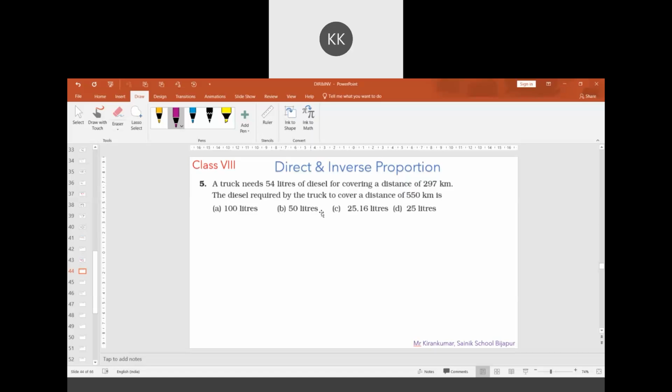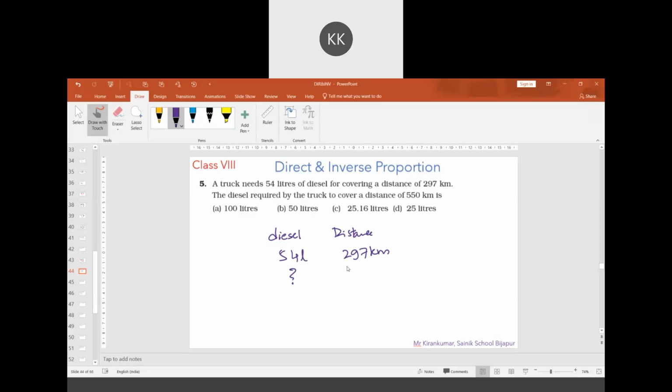Direct proportion. How do we find it? Like we solved earlier, here I'll make two columns. One is for the diesel, the other is for the distance covered. If the diesel is 54 liters, the distance covered is 297 kilometers.